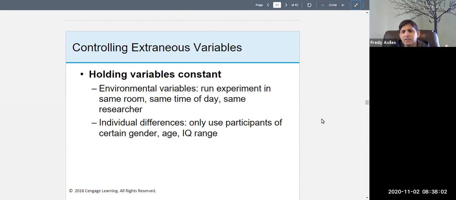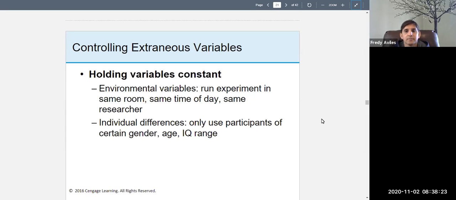Just like when you're in a class, and there's someone in there that you find very attractive. So you're always looking at them and paying attention to them rather than what you should be learning. And then you don't learn very much. Those are environmental variables. So you can just hold them constant. That means that you make it so that they don't vary.